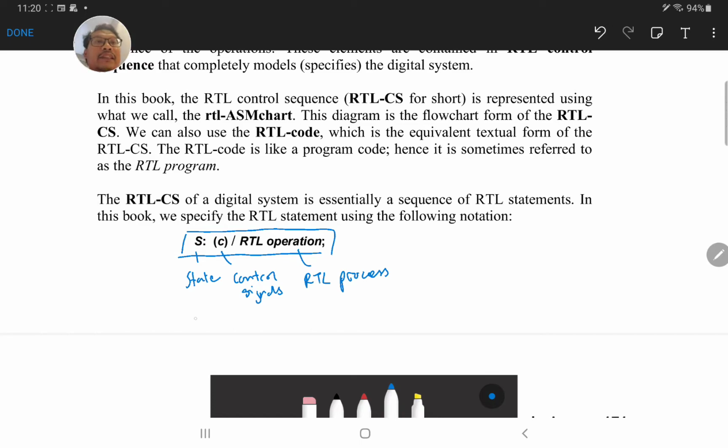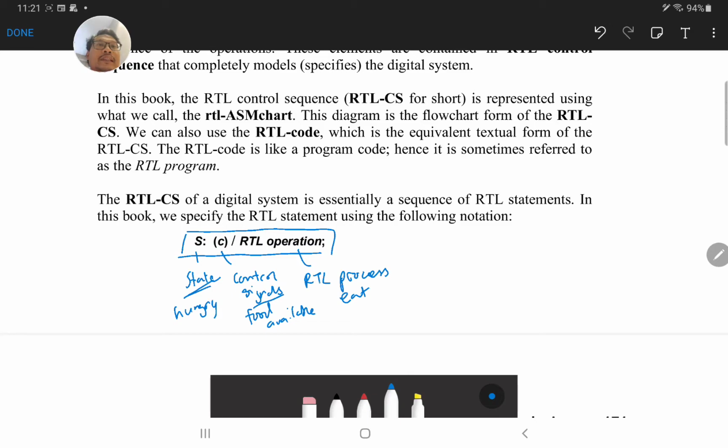What it's saying is, if we are in a current state, let's take a practical example: let's say we are hungry and want to eat. So we are in the state hungry, and the control signal says food is available, and then the process will be eating.